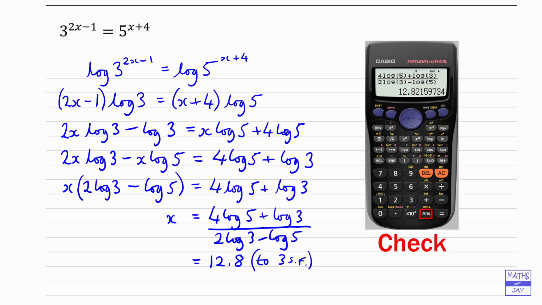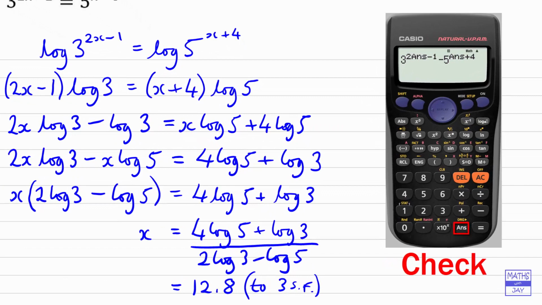So what we're going to do is simply key in 3 to the power of, and now we want 2 times the answer that we've just found, so it's 2x minus 1. Then we need the right arrow key, and this time we're going to be subtracting 5 to the power of, and we want answer plus 4.